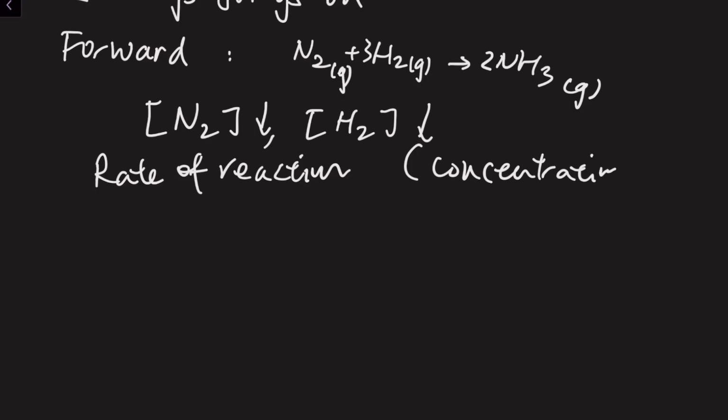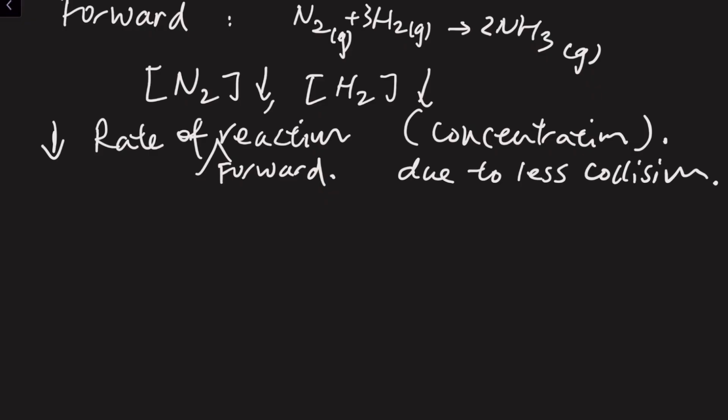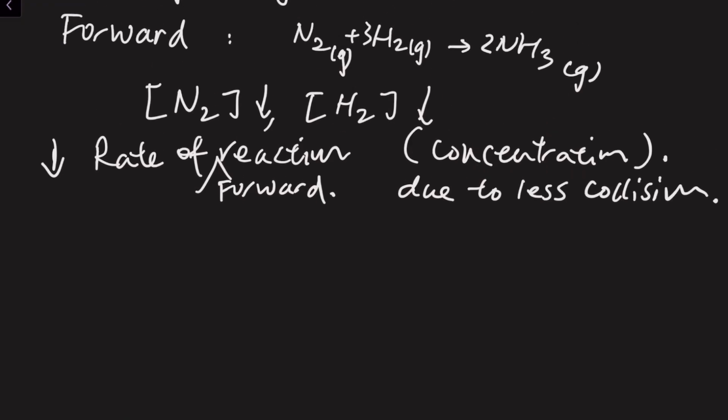And so this would actually decrease the rate of forward reaction. Maybe I should emphasize here, this is the rate of forward reaction, because we have less collision. If we have less collision, we have less successful collision, thus the rate decreases. So this is only one part of the story.